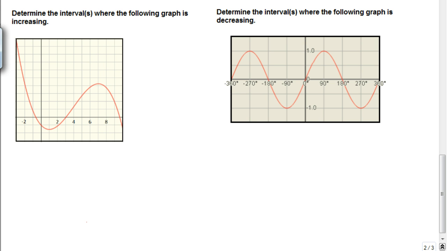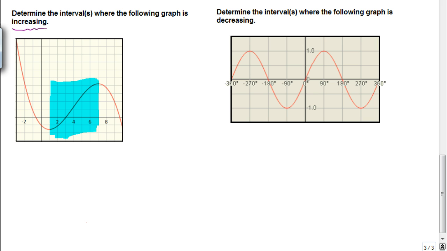Okay, so for this first one, they're looking to see where is this graph increasing. And we can see that for this particular graph, this would be the interval going from where x is 1 to where x is 7. The graph is increasing.